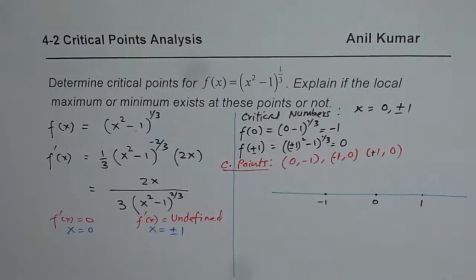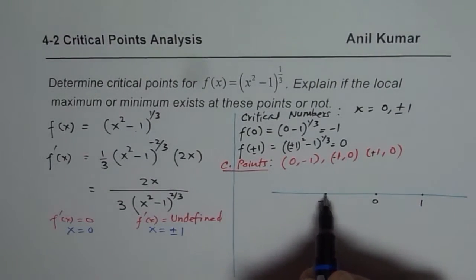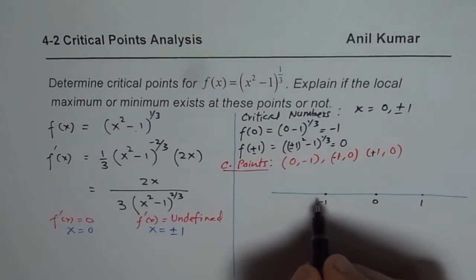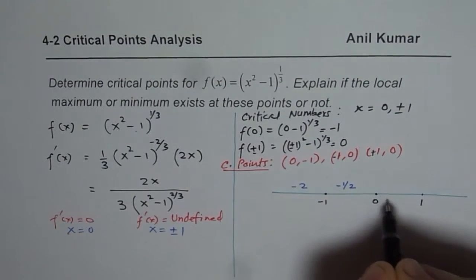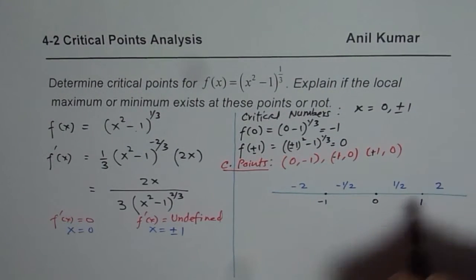These are the three x values, that's correct. So these are the points, and the test points could be minus 2. Here we could take minus half. Here we could take half. And then we could take a value 2.